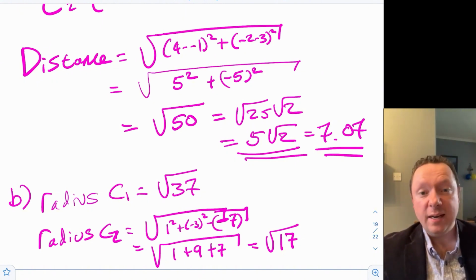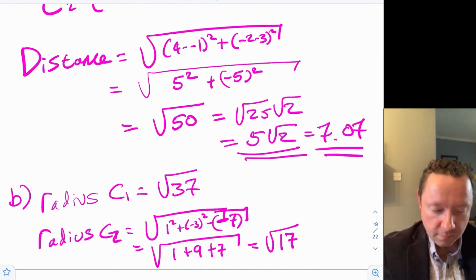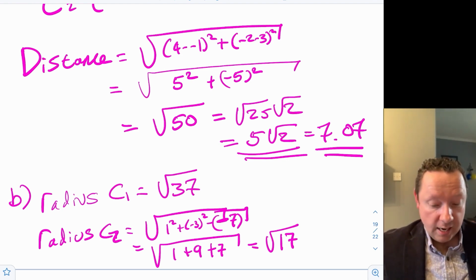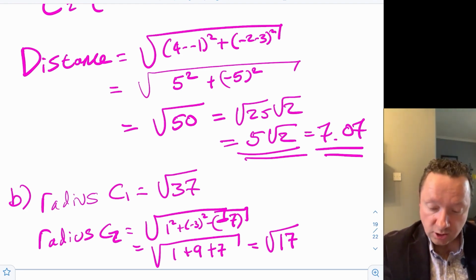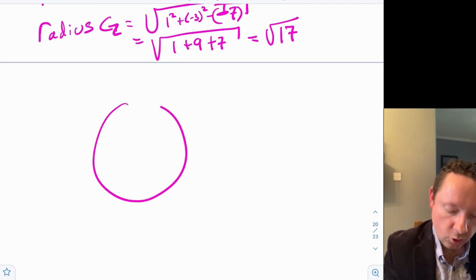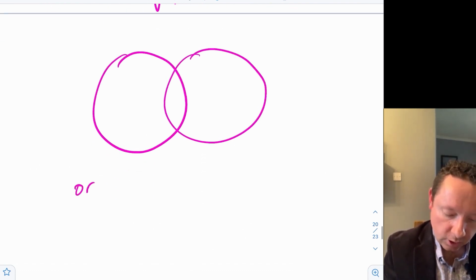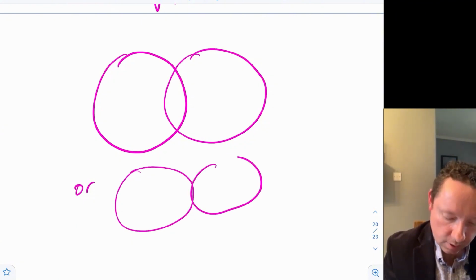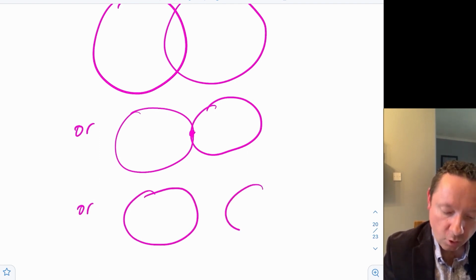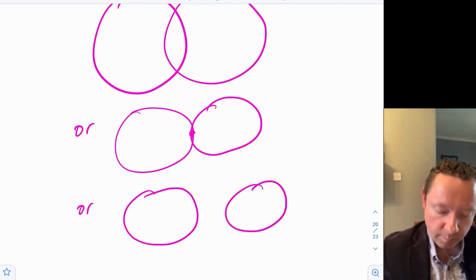So we might as well turn them into numbers and add them together, because if you add up the radii and it's bigger than the distance between the centres, it means it touches at 2 distinct points. Illustrating that point, let's say we had 2 circles. You've got 2 options. We could touch like this, or we could touch like that, or I suppose we could be that. There are other options with one inside the other, but those are your main ones.